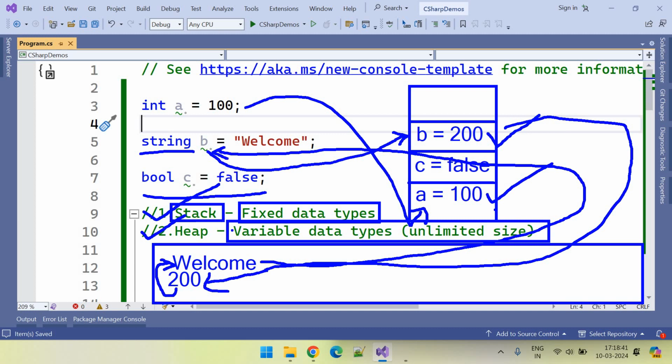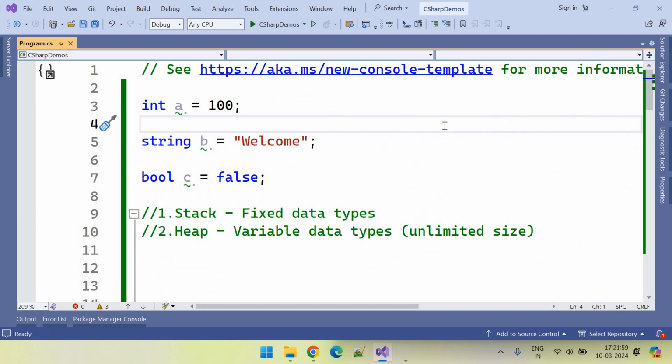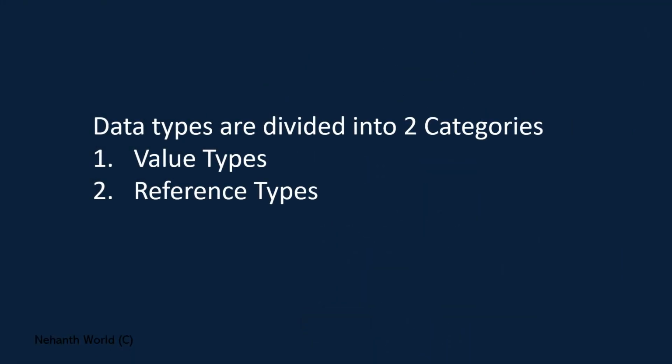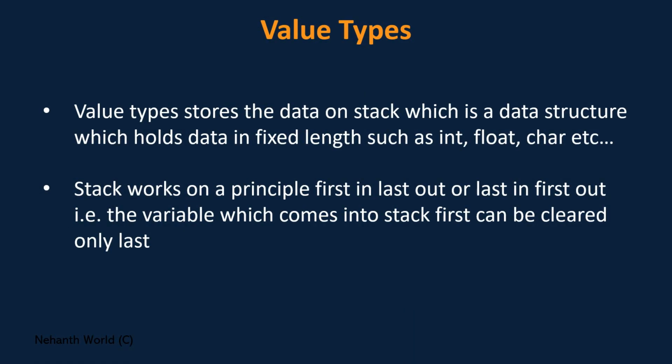Let us look at the theory part of it. Data types are divided into two different categories in C#. First one is value types and second one is reference types. Value types store the data on stack memory, which is a data structure that holds data in fixed length, such as integer, float, character and boolean.